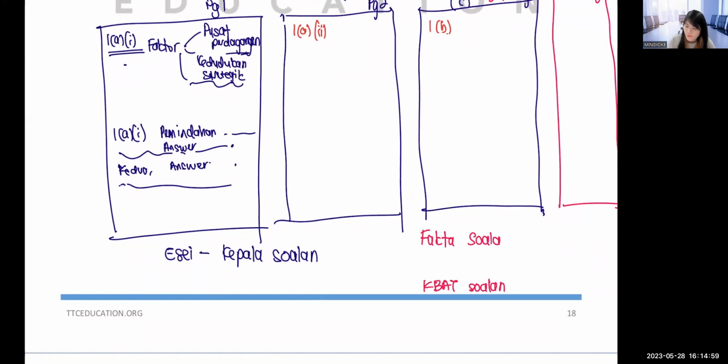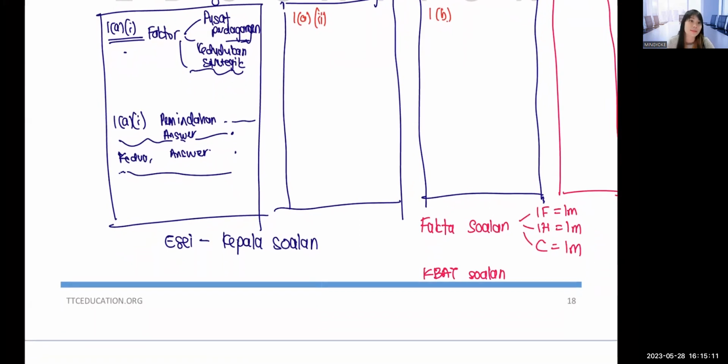Okay? For fakta soalan, 1 fakta, 1 mark. 1 huraian, 1 mark. Contoh, 1 mark. If it's kebat, also the same. Fakta, huraian, consider 2 marks. Fakta, huraian, contoh, inference, consider 4 marks.